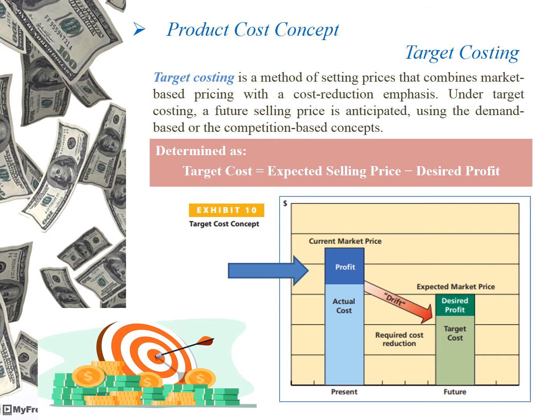The target cost is estimated as the difference between the expected market price and the desired profit. The target cost is normally less than the current cost. Thus, managers must try to reduce costs from the design and manufacture of the product. The planned cost reduction is sometimes referred to as the cost drift.